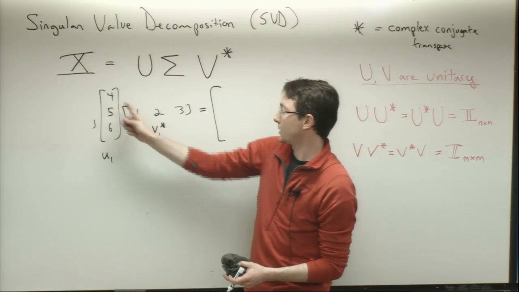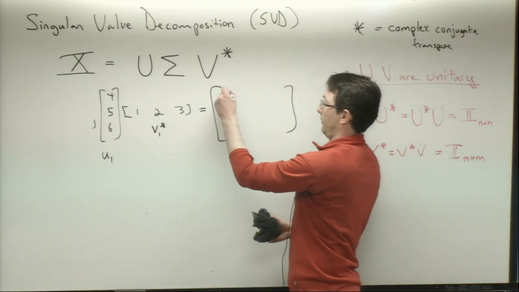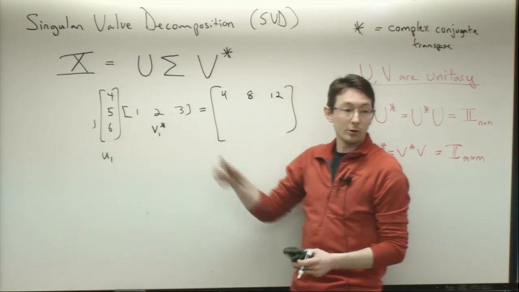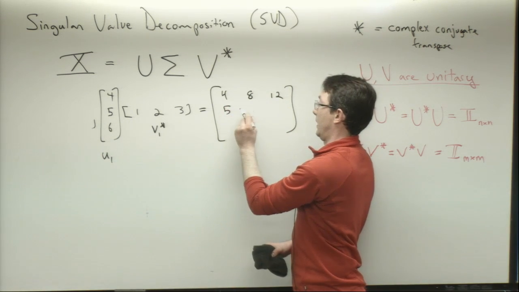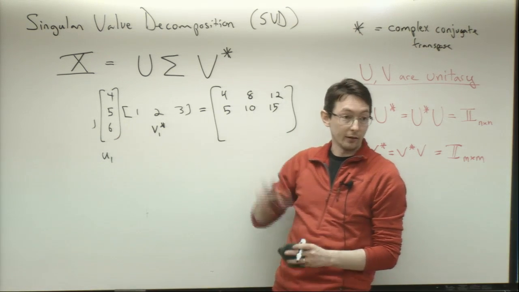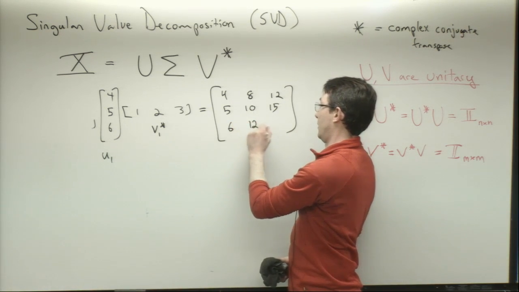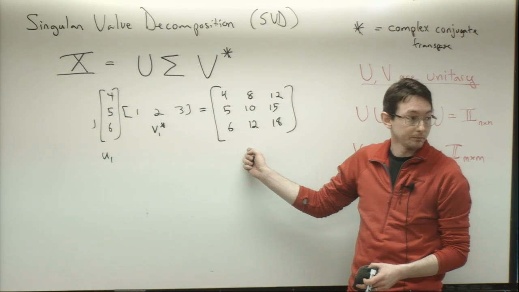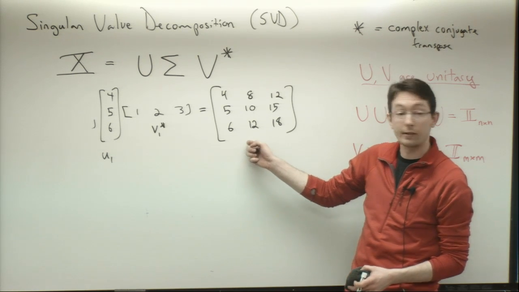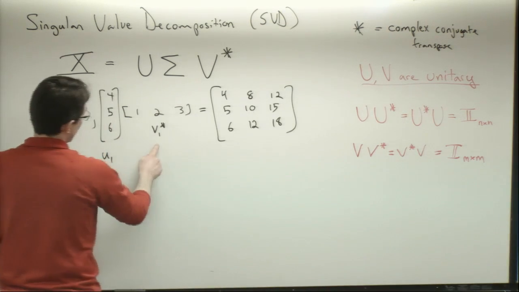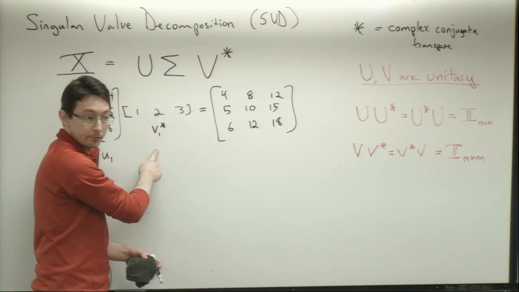So I take 4 times this whole row vector, 4, 8, 12. Then I take 5 times this whole row vector, 5, 10, 15. And then I take 6 times this whole row vector, 6, 12, 18. So this is U1 V1 star. It's a matrix.